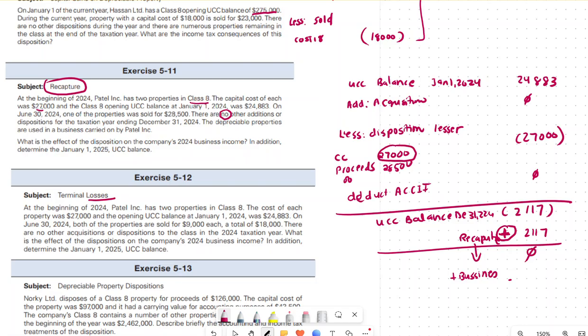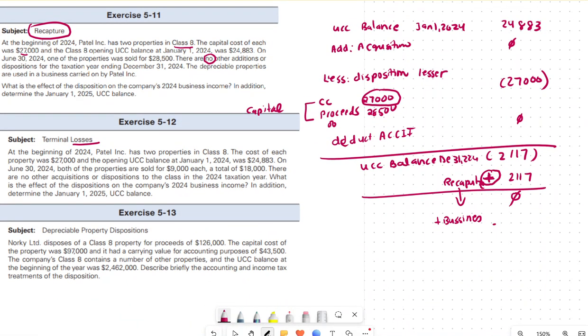At this point, we also have one more thing. The difference between those two is my capital gain, and we pay taxes on half of it. I multiply by the 50% to get my taxable capital gain. How much will that be?